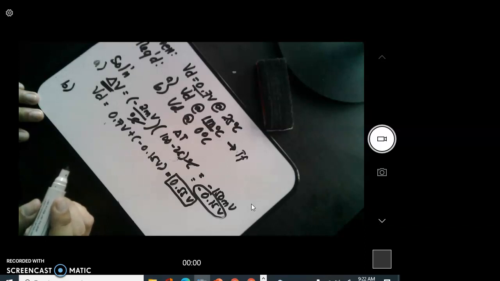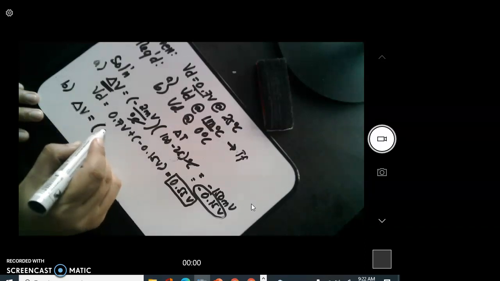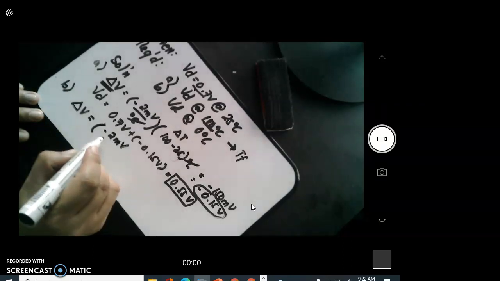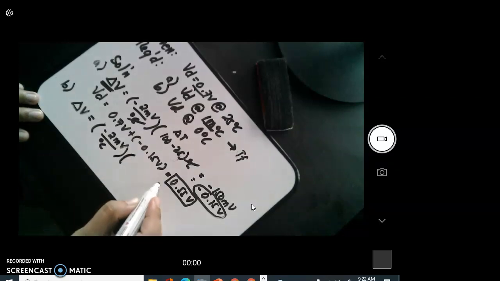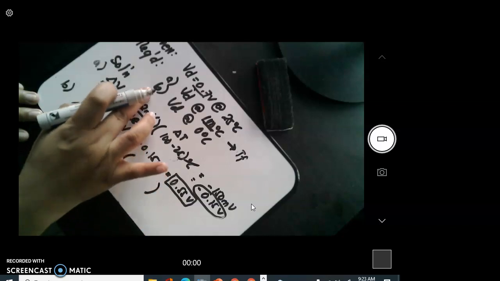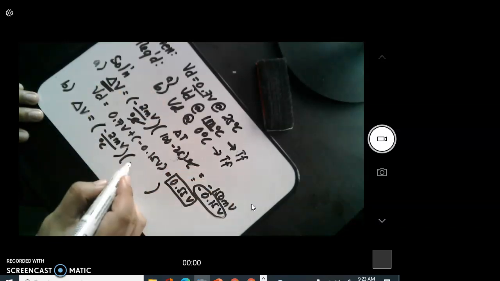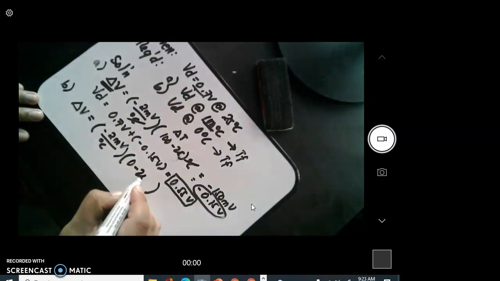So, for letter B, this time, let's check what is the change in voltage. So, the formula is the change in voltage will have a decrease of negative 2 millivolts per degree Celsius. And what is now the change of temperature? So, for letter B, this becomes now our final temperature. So, we have 0 minus, what is the initial? We have 25.